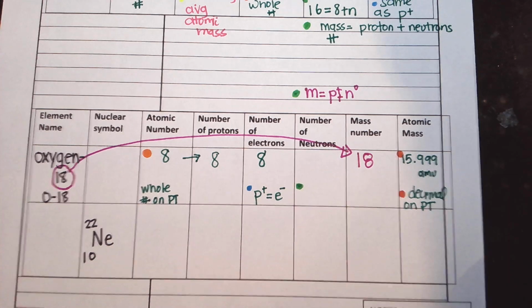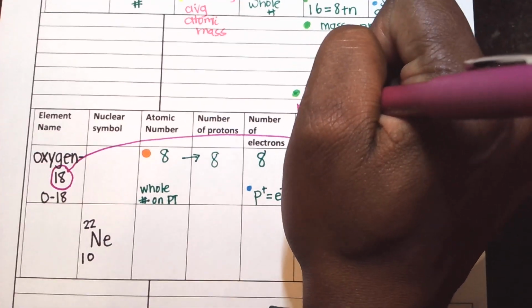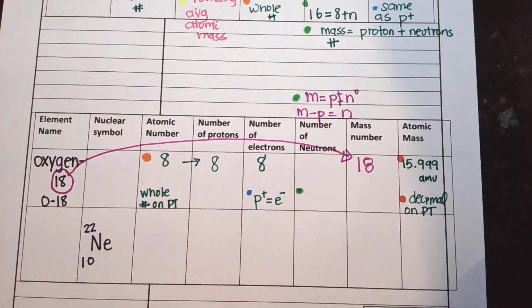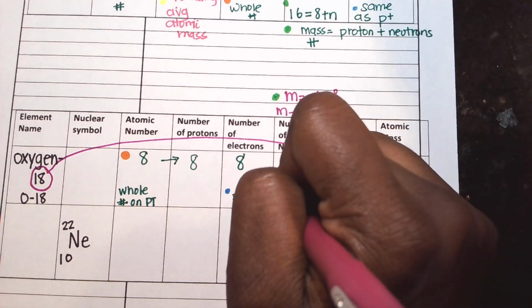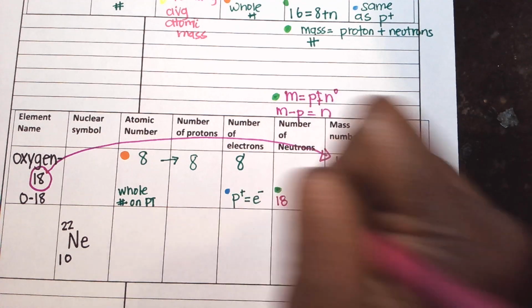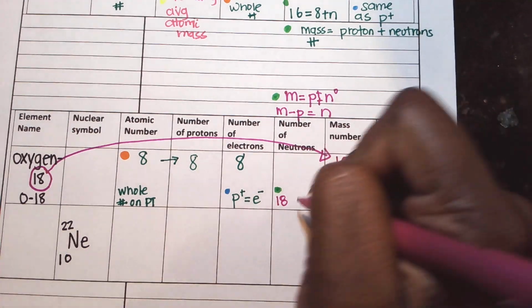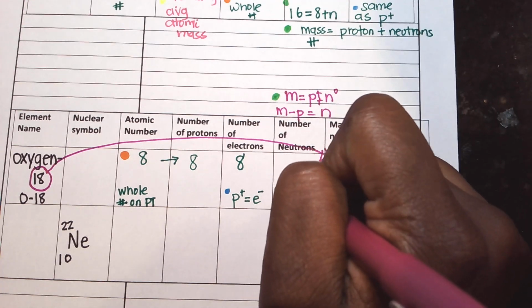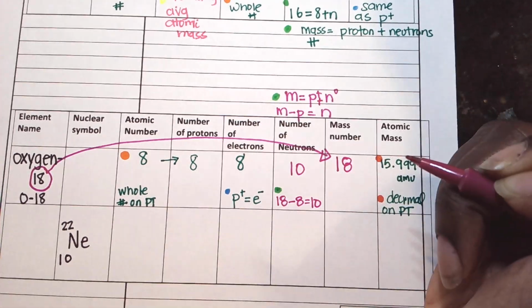We're trying to figure out the neutrons, so that means M minus P equals N. The mass is 18. The number of protons is 8. That equals 10. So my number of neutrons is 10.